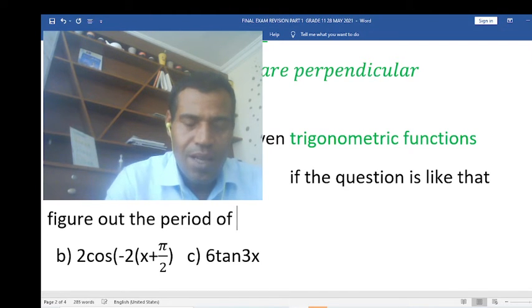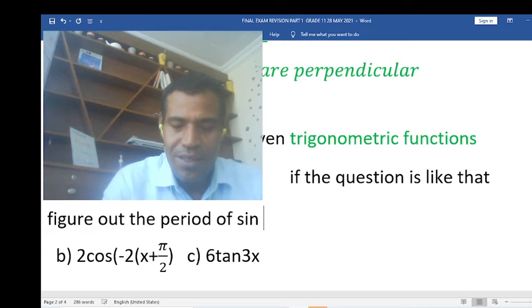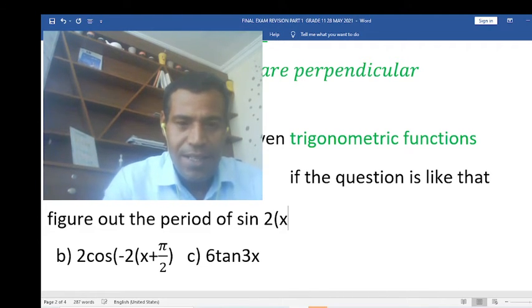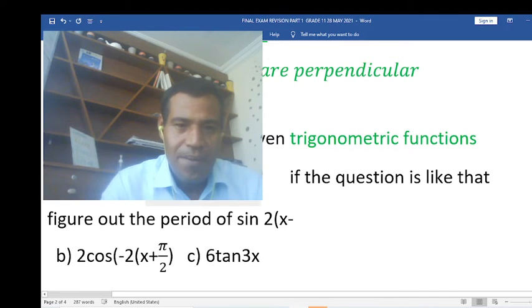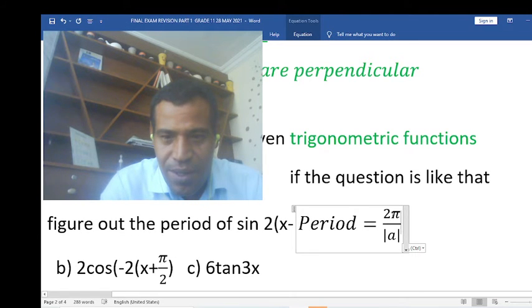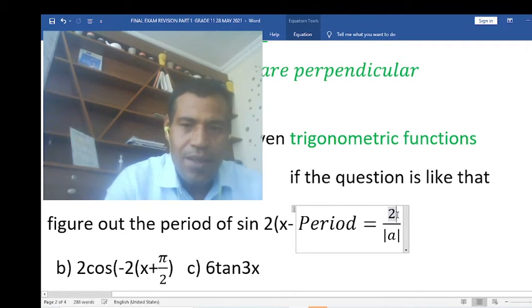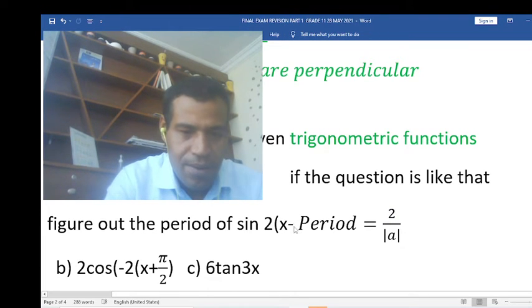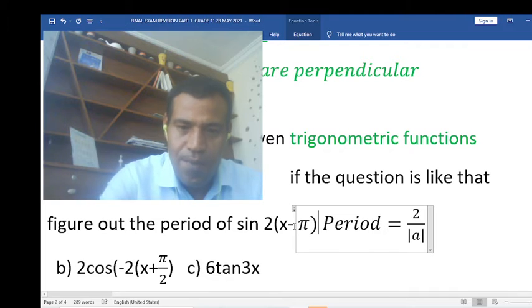of, now sine of what? I will open parentheses, x minus 2 pi or minus pi, as you like, minus pi. I will just use this one. Then I will close the parentheses.